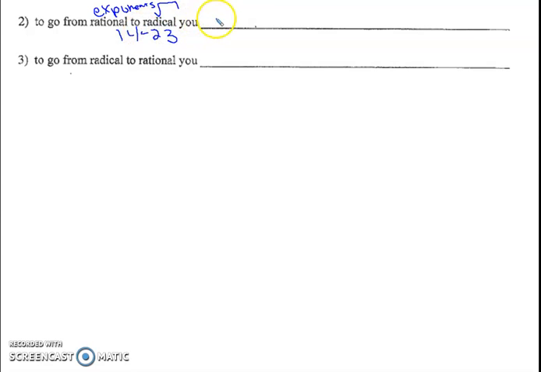Okay, you take the top number, it goes to the back, and I'm going to show you an example of this, and the bottom goes to the front.